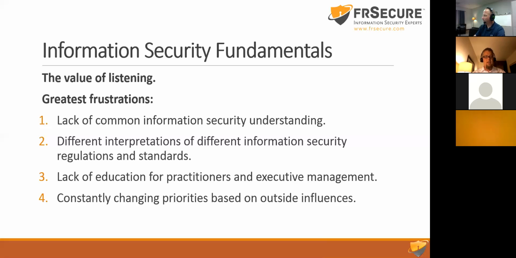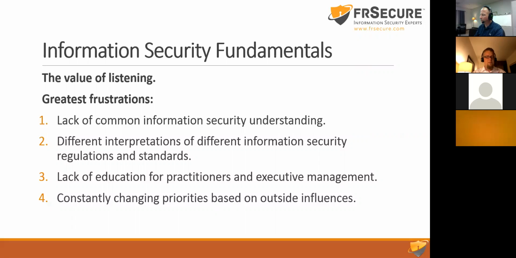Number 3, lack of education for practitioners and executive management. I preach all the time because I'm always trying to educate. There's a lack of education. There's a lack of good security people out there, and we talked about that. Number 4, constantly changing priorities based on outside influences. Sometimes those outside influences come in the form of regulations, laws, auditors.